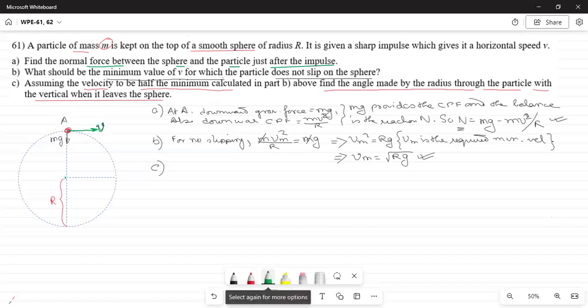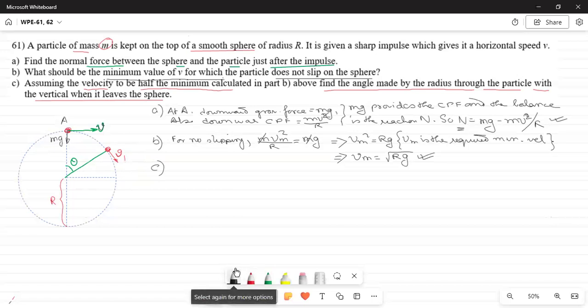Let us say this is the angle theta when the particle leaves the sphere. Let us consider this velocity is v1. And you know how to solve this, because there is one energy equation and one force equation. Nothing more than that.